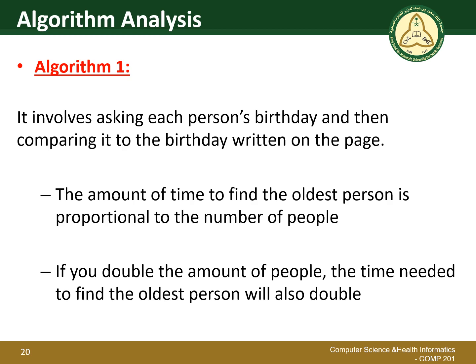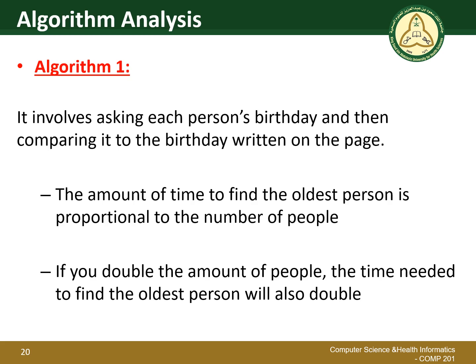If the comparison requires 1 minute, then for 100 persons we need 100 minutes to solve the problem. If the comparison requires 2 seconds only, then for 100 persons we need 200 seconds to solve the problem.